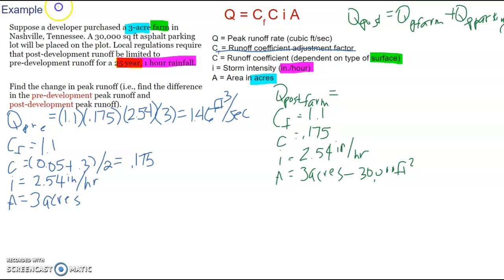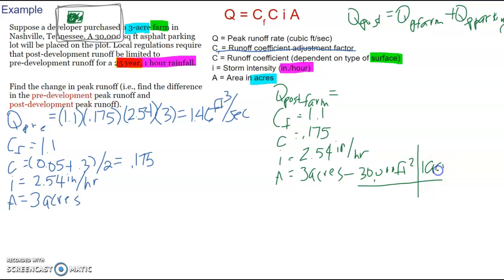So I would have my 3 acres, and it's great to draw this out so you know what you're actually talking about. And then I'm taking out this parking lot. So I have to take my 3 acres and I'm going to subtract this parking lot value. So since I'm subtracting it over here, I'm going to go ahead and convert.